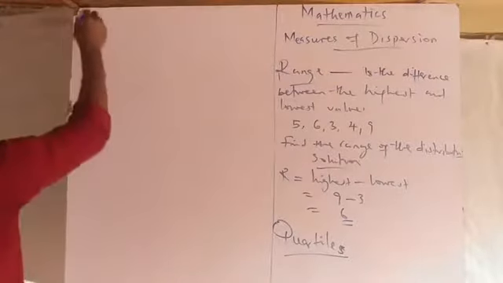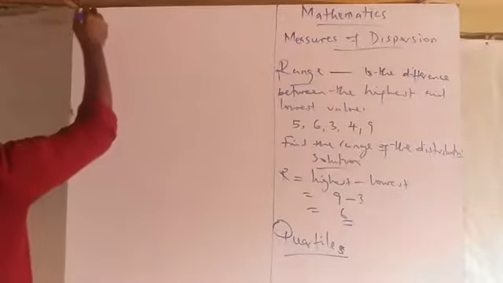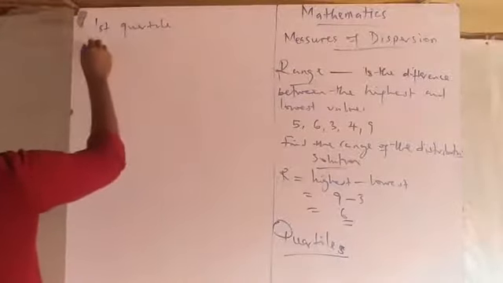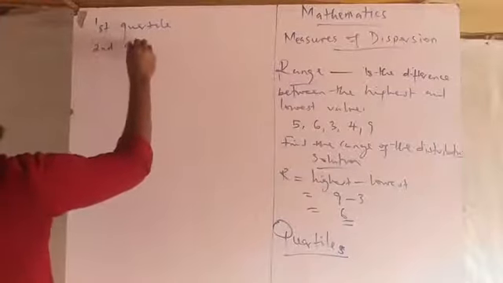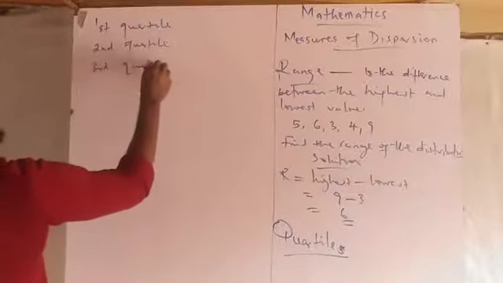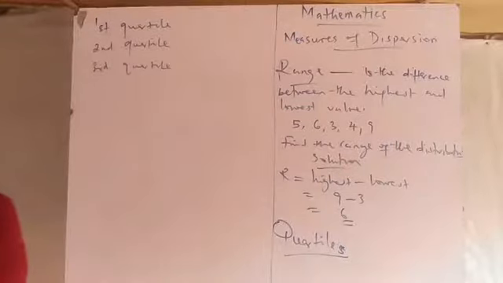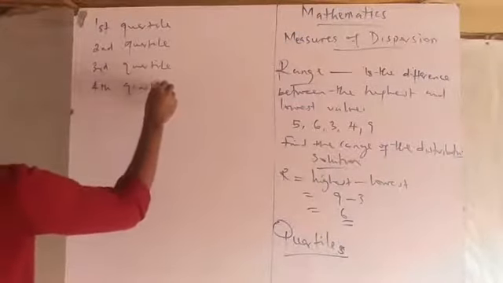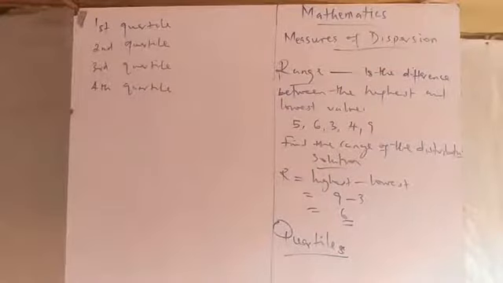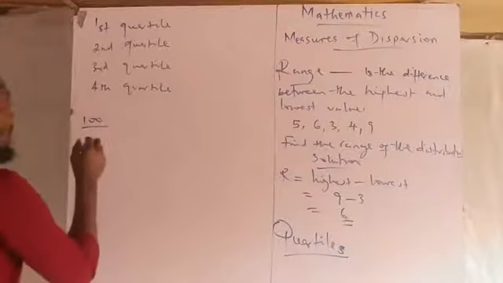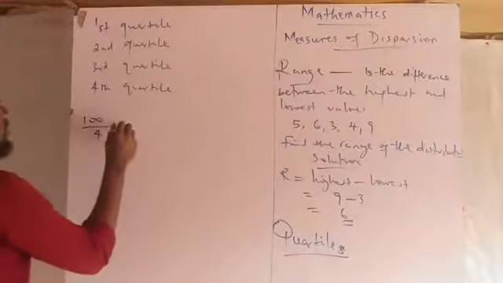So we have the first quarter, the second quarter, the third quarter, and the fourth quarter also. Now, assuming the total is 100, if you divide 100 into 4, you have 25.